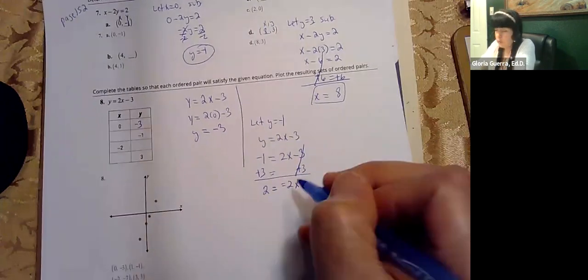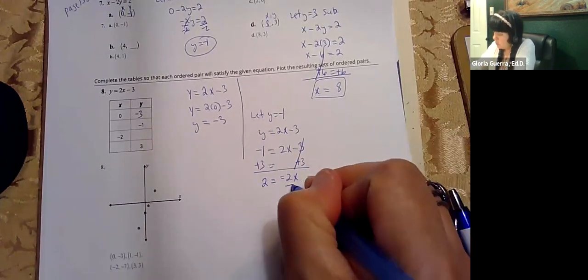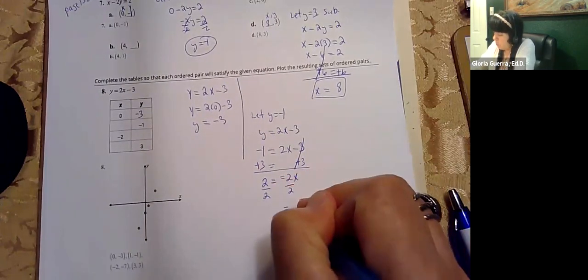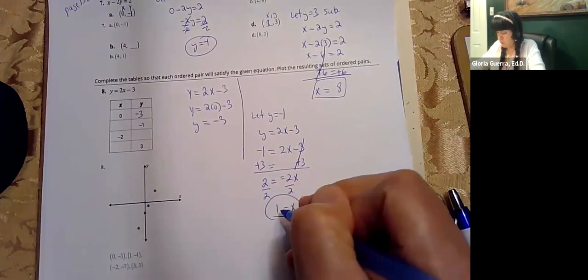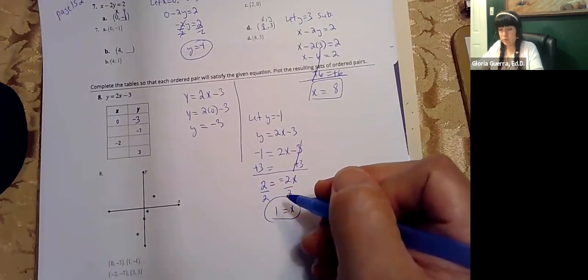And now to solve that, you're going to divide both sides by 2. And x equals 1. So when x equals 1, you let y be -1.